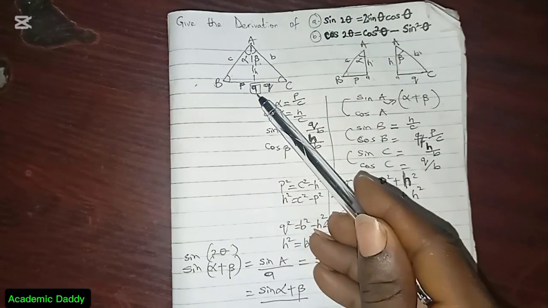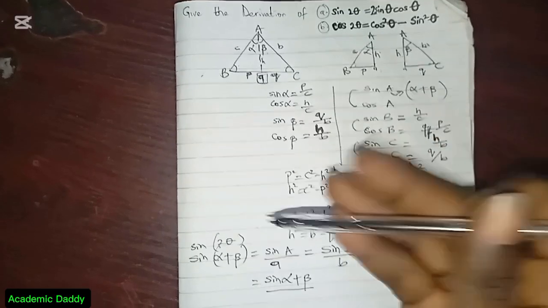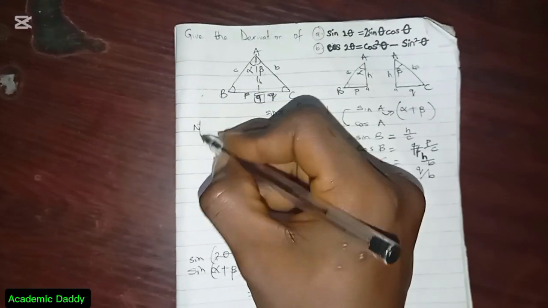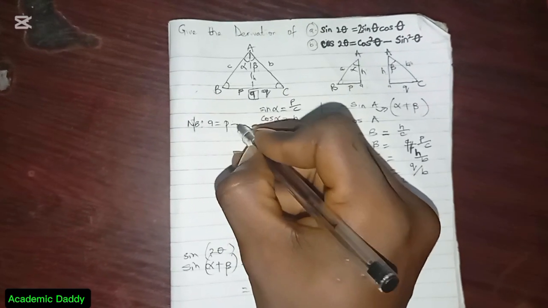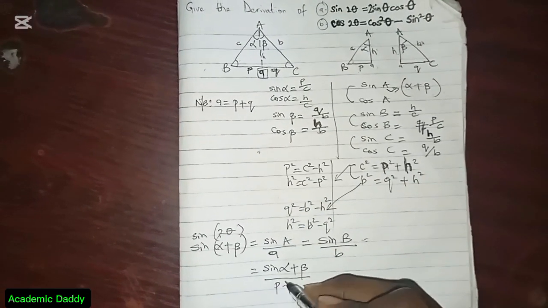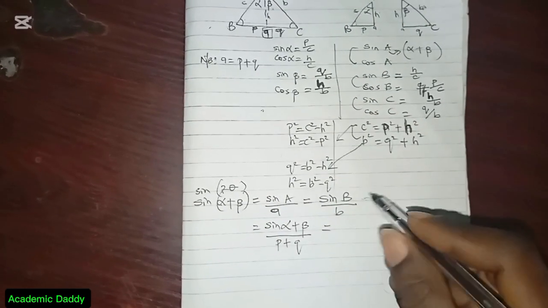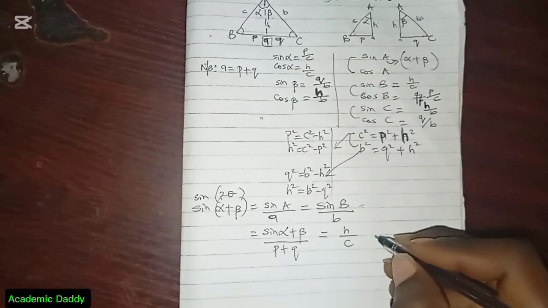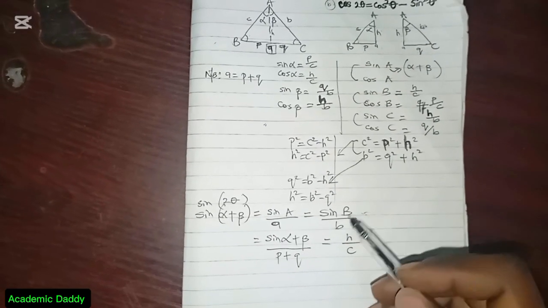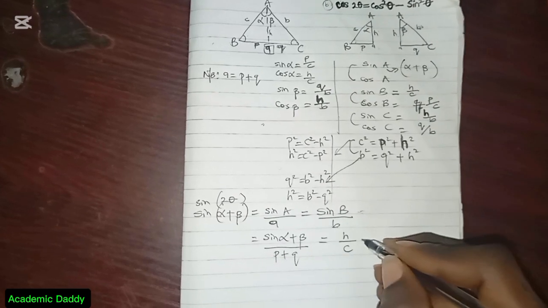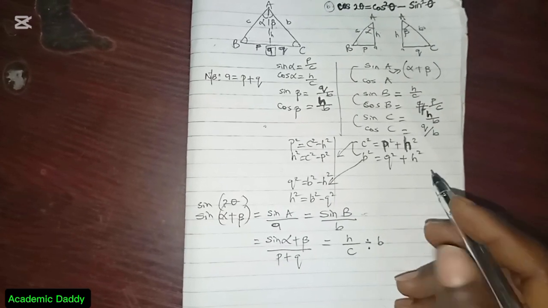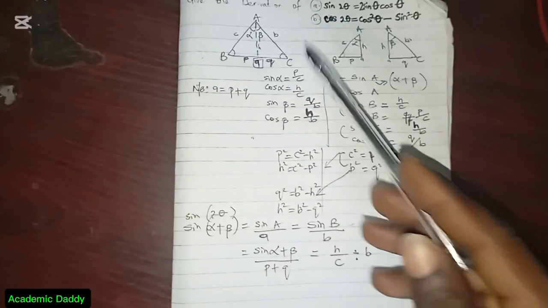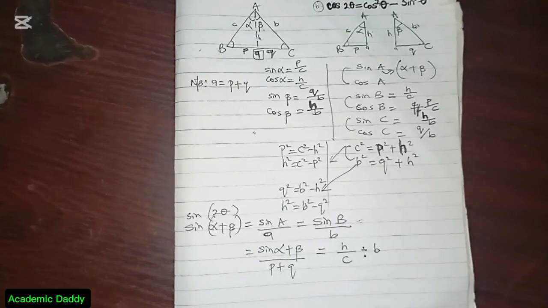If you notice, A here is equal to everything here, and everything here is P and Q. So note, A is equal to P plus Q. So I'll do P plus Q equals sine B. Sine B is H over C, so then all over B, divided by B, and this B is not equal to anything.